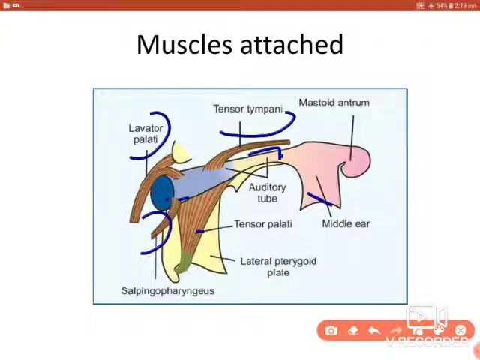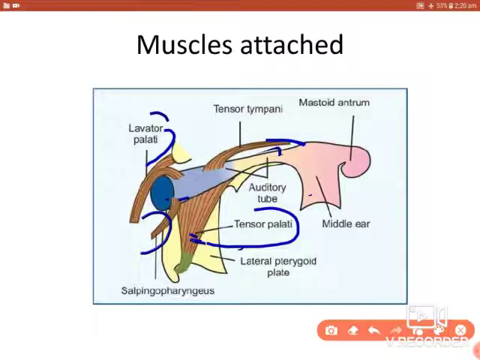To the lateral lamina, the fibrous part, is attached the tensor veli palatini. The tensor tympani is the muscle of the middle ear. Levator veli palatini and tensor veli palatini are muscles of the soft palate. Salpingopharyngeus is a muscle of the pharynx.